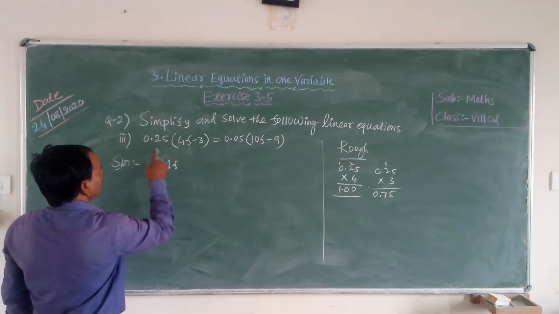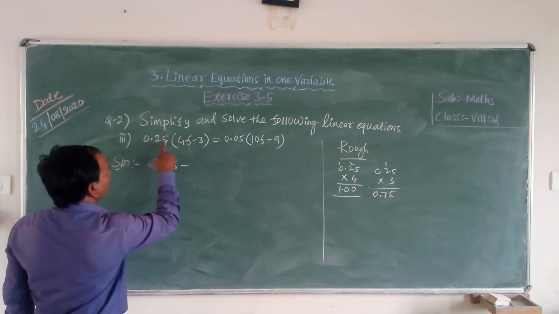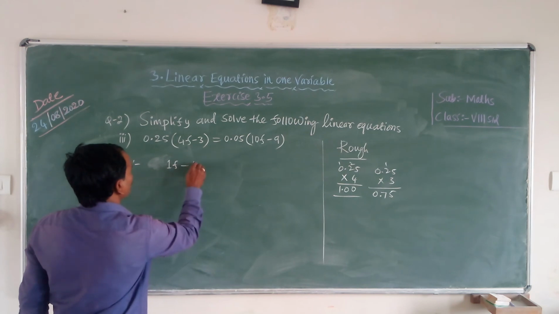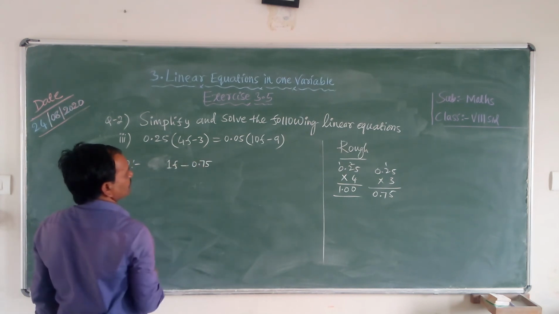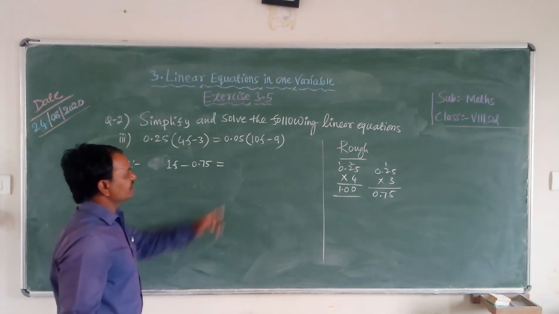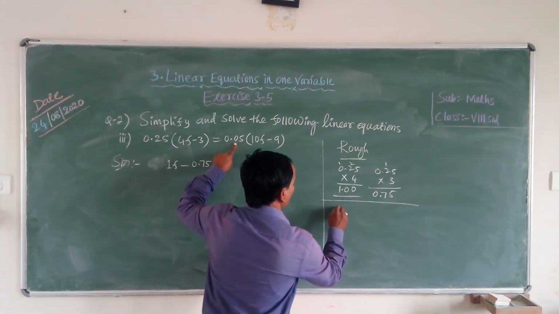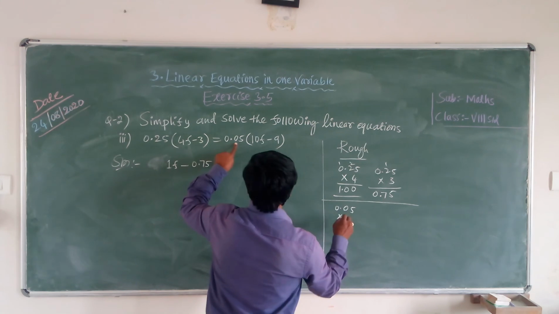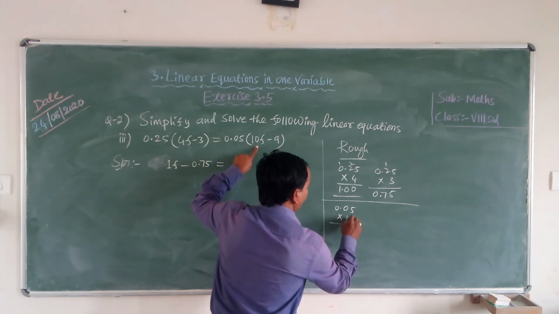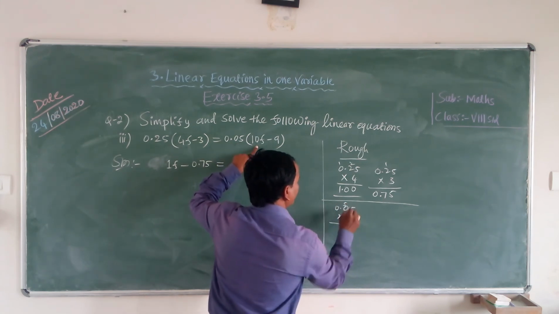Plus into plus is plus, plus into minus is minus, so 0.25 into 3 is 0.75. Again multiply: 0.05 into 10, 10 fives are 50, carry 5.